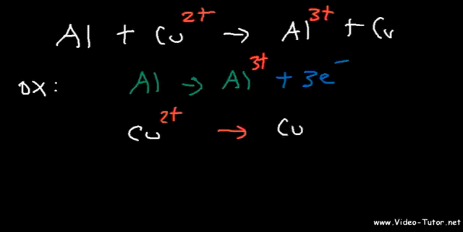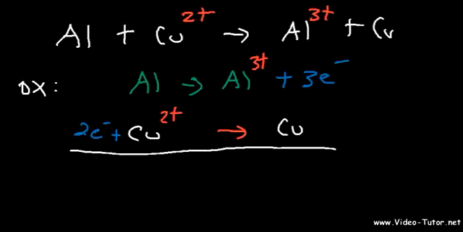The left side has a higher charge, so we need to add 2 electrons to it. And so the second half reaction, the reduction reaction, is balanced. So now what we need to do is make sure the number of electrons are the same.